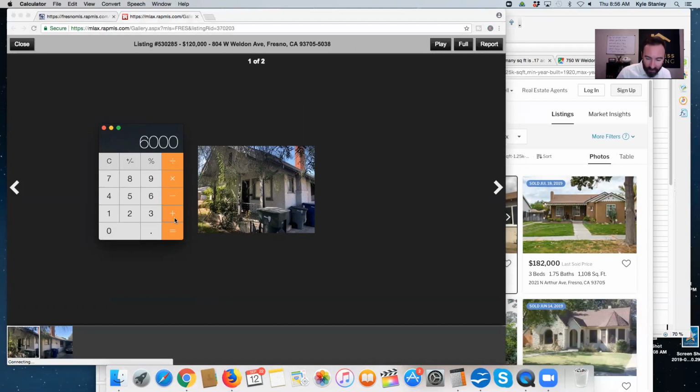We don't know if it needs a roof. We don't know if it needs windows. We don't know if it needs rewiring. So I'm going to multiply this by about 15% for contingencies. Honestly, more than that. I'm going to do 20% right now because I don't know what else it needs. So I'm going to multiply that by 1.2, and I've got a $35,000 rehab.